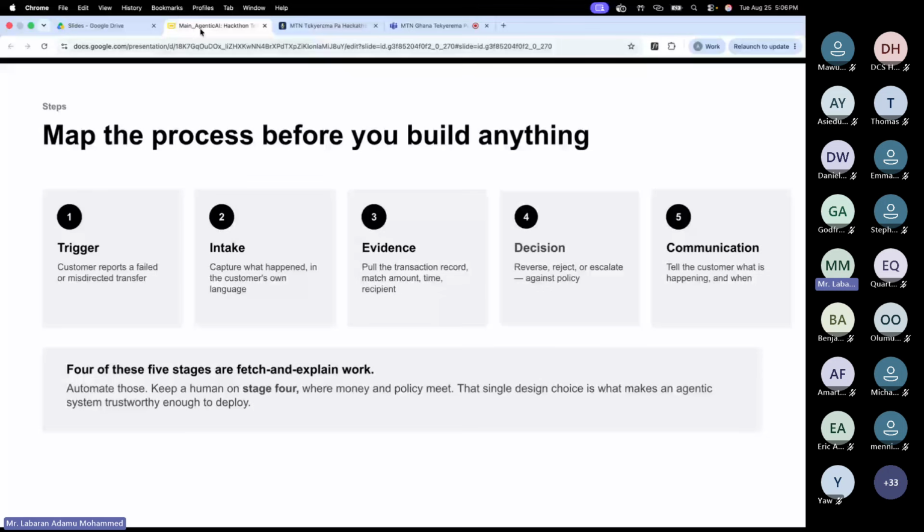Given the case study we have, there will be a trigger, like our user Akosia asking for help in the application. Since it's a financial service, there's a dispute. We have to take the necessary intake. We are mapping the process we'll use to build this helping agent, so we can help you when you are building your own.